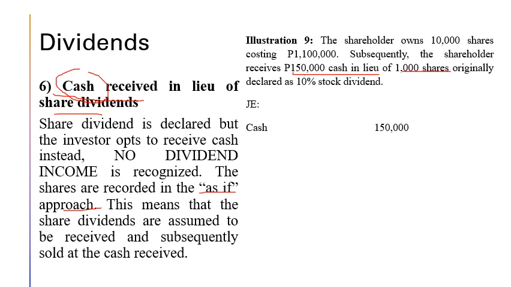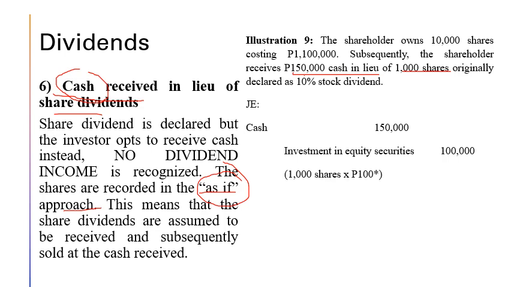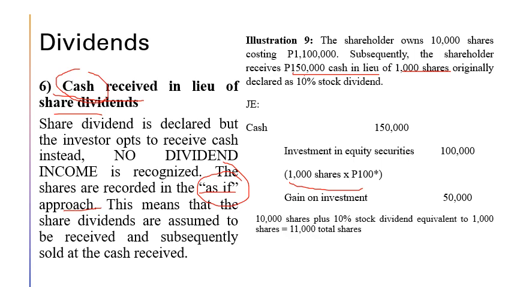What will be the journal entry using the as if approach? Debit cash, as if nabenta yung shares. Credit investment in equity securities, equal to 1,000 shares times 100. And credit gain on investment, 50,000.